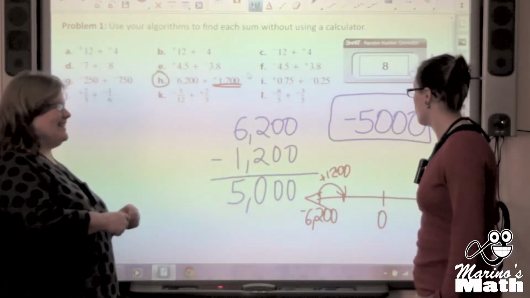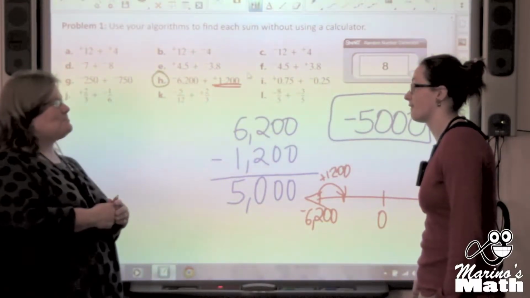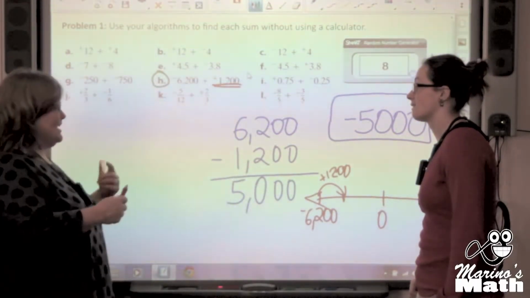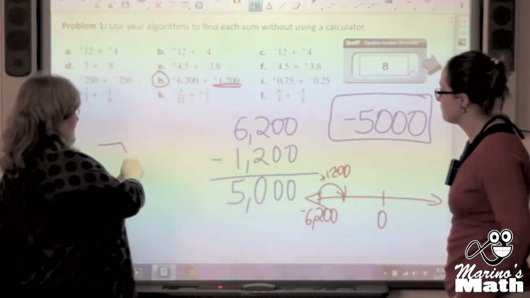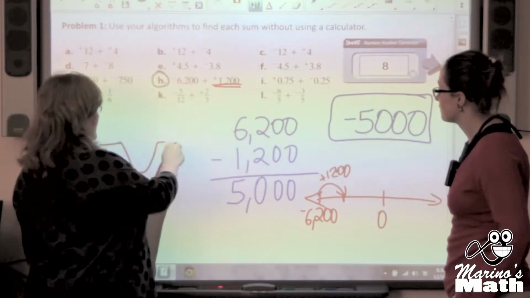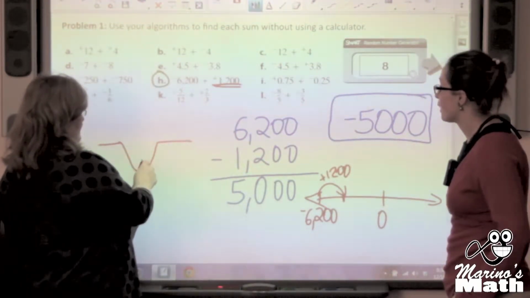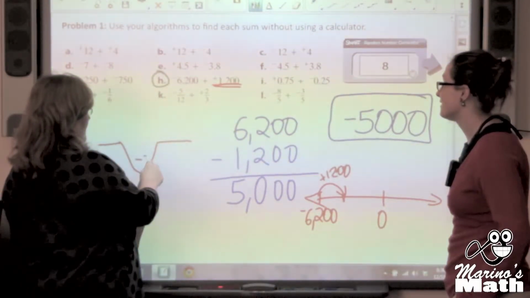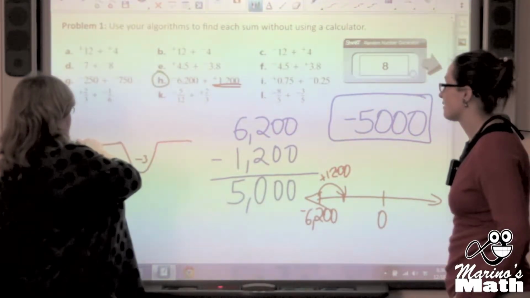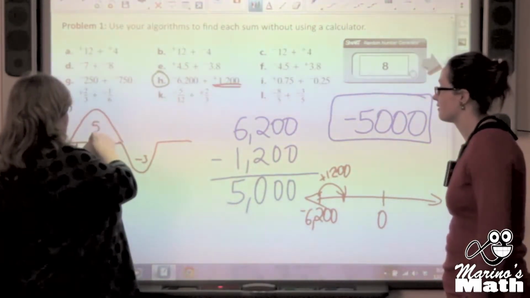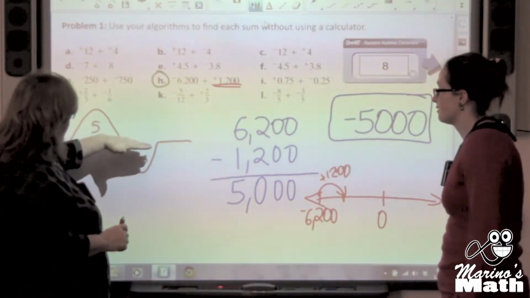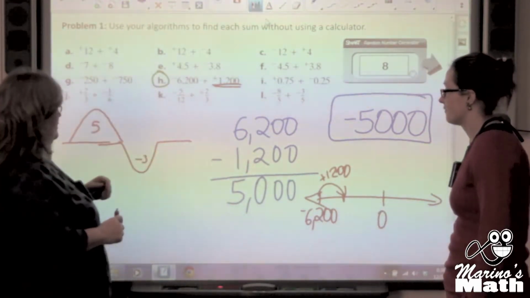I heard another one. Can I tell you this one? Yes. A college student told me this one. She said that when you have a negative number, there's a hole. So say this is negative 3. And if you have a pile of dirt up here, that's positive 5. You're going to push dirt in the hole till it's full and see how much dirt you have left.